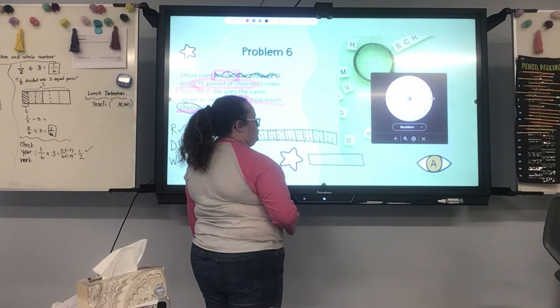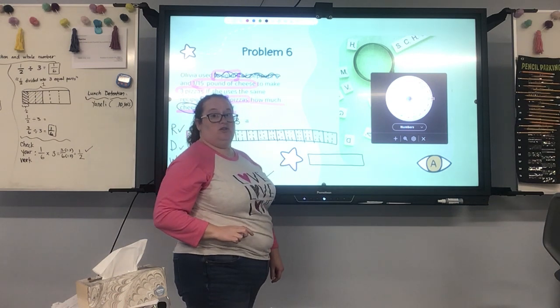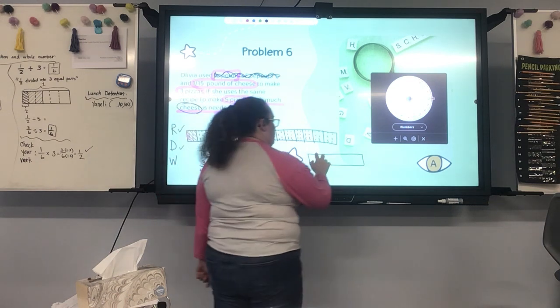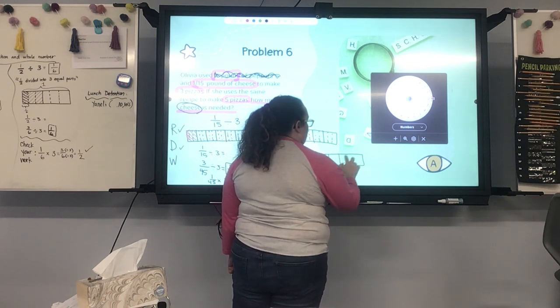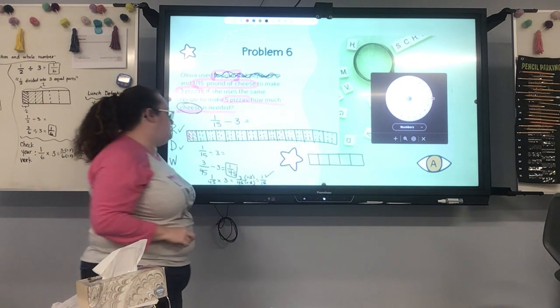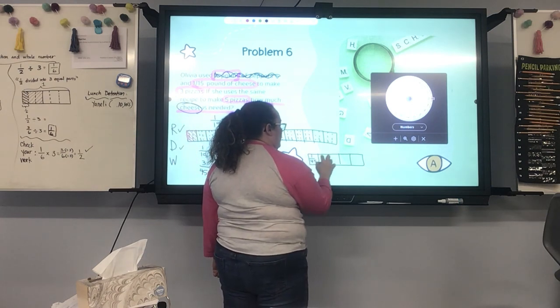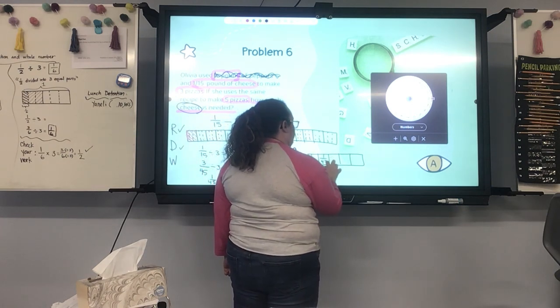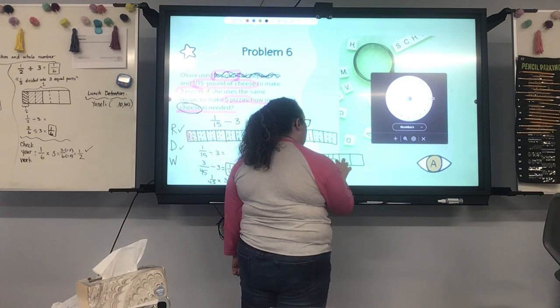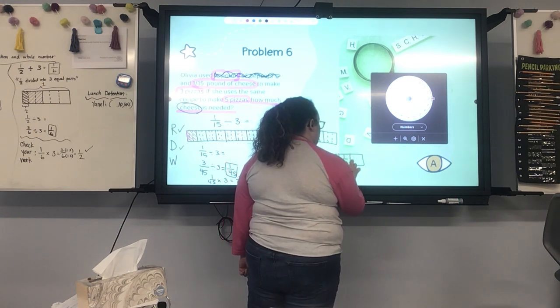So I'm going to draw a new strip diagram. How many pizzas do I have? 5. So I'm going to make 5 boxes. And how much cheese is on each pizza? 1/45. So I'm going to write 1/45 on each of my pieces.